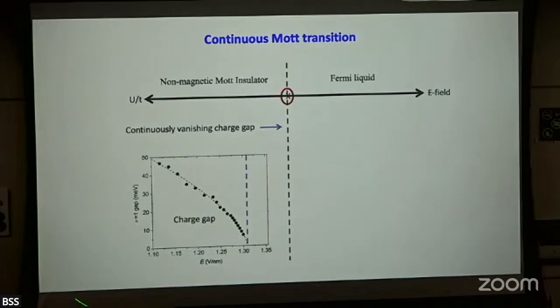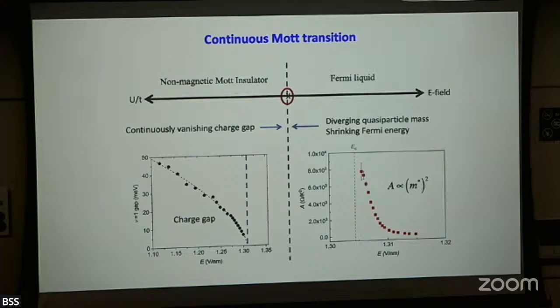On the insulating side, the charge gap decreases when we approach the insulator to metal transition. Roughly till this point it looks like it's still going down. Of course, in the experiment there's always disorder. So it's close to the transition, but it looks like it continues going down to zero.